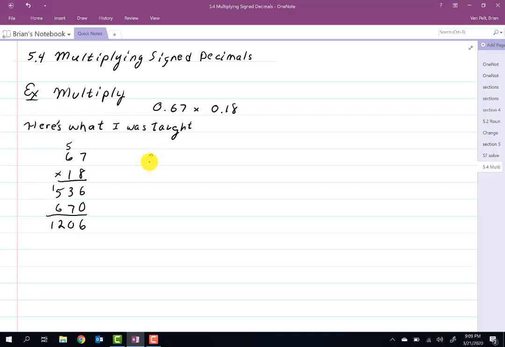Let's take a look. We looked at the numbers again. We had 0.67 and 0.18, and what she did is she counted 1, 2, 3, 4. 4 total decimal places.